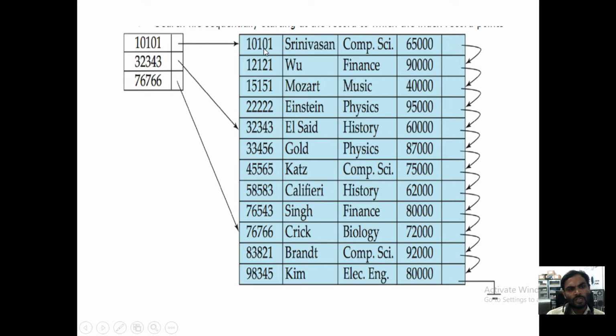So for 10101, it searches up to the last n minus 1 record. Now coming to 32343, the instructor ID, we find it with the help of the index: it is available under the fifth index. After finding that, it searches through n number of records.